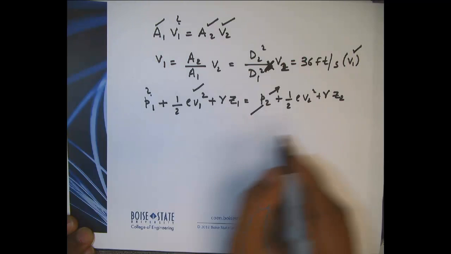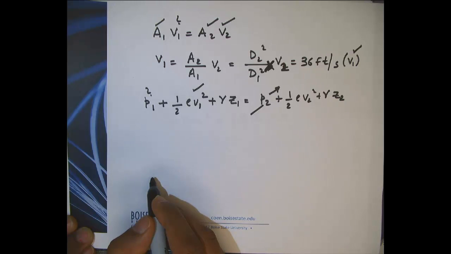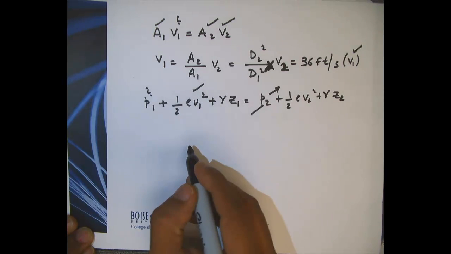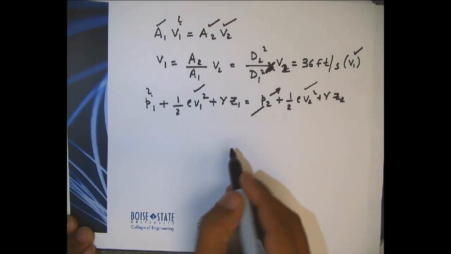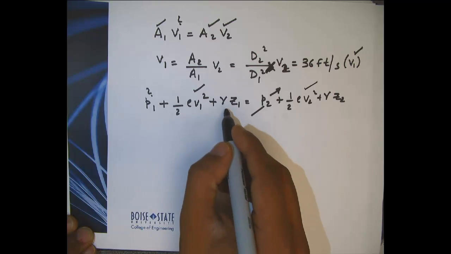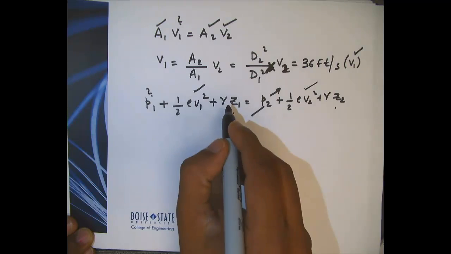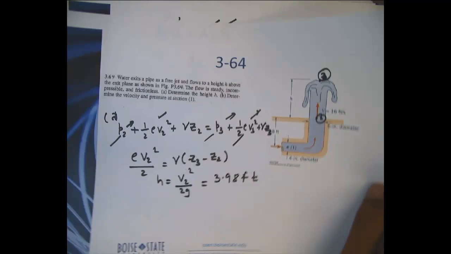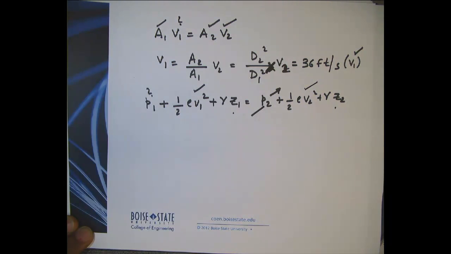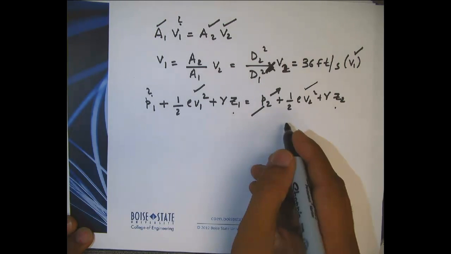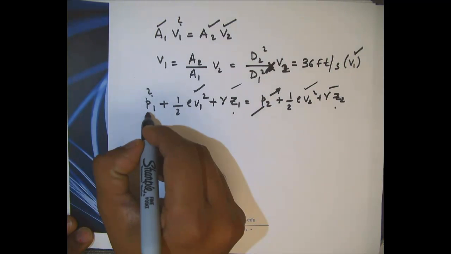You can do this, and I just had a small multiplication sign missing there. So we have V1, and I know V2, which is 16 feet per second. I know the Z1, Z2 difference, which is 8 feet. This height is 8 feet, the difference between these guys. So you don't necessarily have to pick a datum here. It'll all work out. So you see that our only unknown is P1.